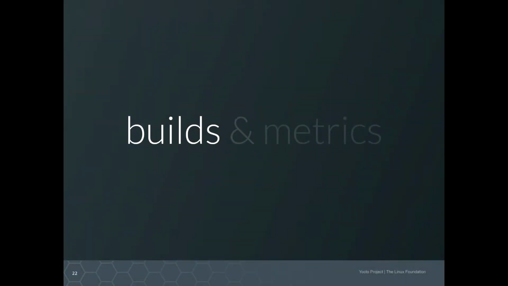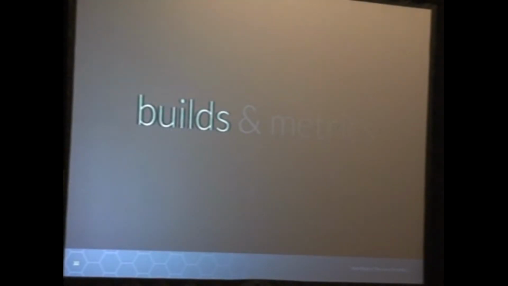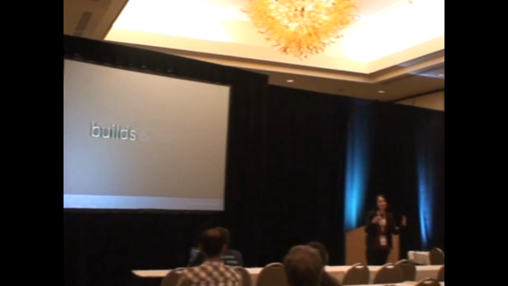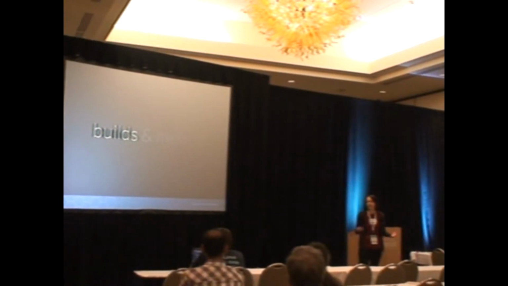When it came to builds, everybody thought, of course, that being able to configure and run your builds was really, really important. However, for this functionality to be useful, it had to be kind of powerful. It needed to allow you to add and remove layers and recipes and take packages and put them in and out and all this kind of stuff, even accessing files in your build directory.